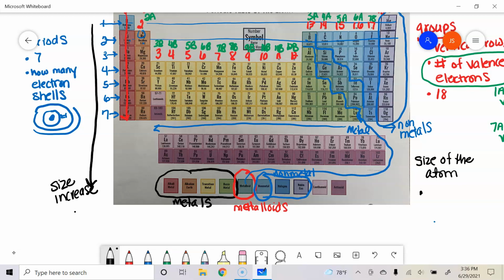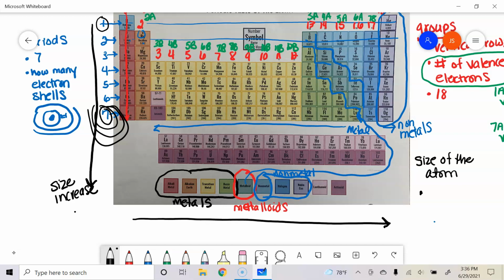Now this should make a ton of sense to you, right? Because this only has one electron shell. This one has got 7, right? So it's got 7 going all the way around. So you know that this size is going to be bigger. Size also decreases as you move across the periodic table.